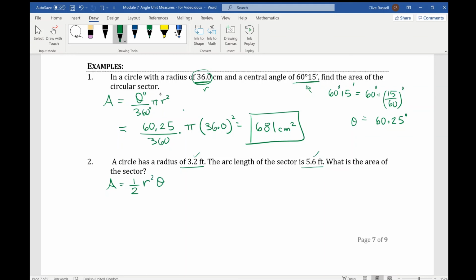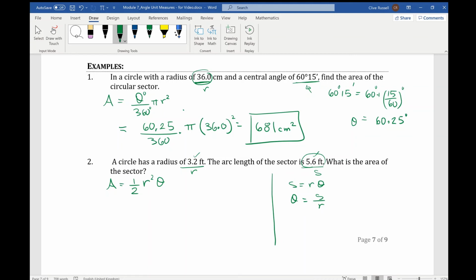Do we know the radius? Yes, that's the radius right there, but we need theta. We don't have theta, so we first have to find it. Notice we're given s, that's our s value. So we can use our formula s equals r theta and solve for theta. Theta is equal to s over r.